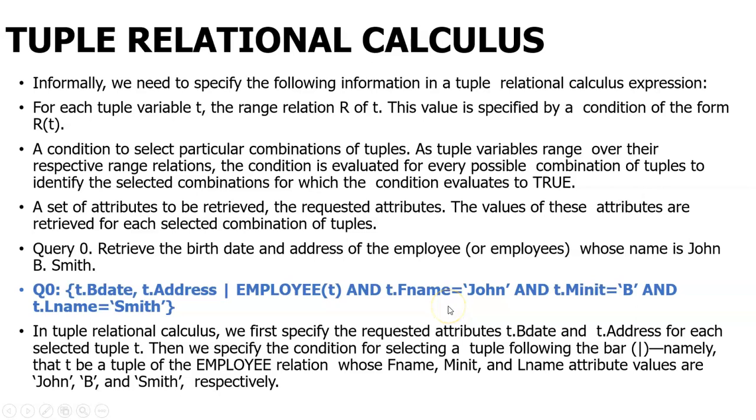T dot first name should be John, the middle initial should be B, and the last name should be Smith. When I process it, I will get the birth date and address of that particular person. This is how I will be doing the tuple relational calculus.